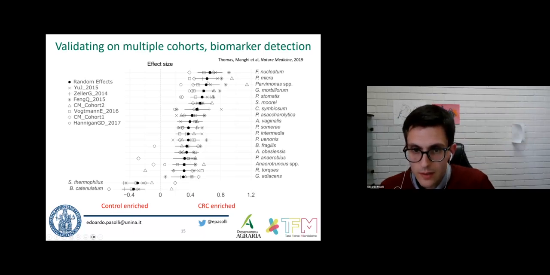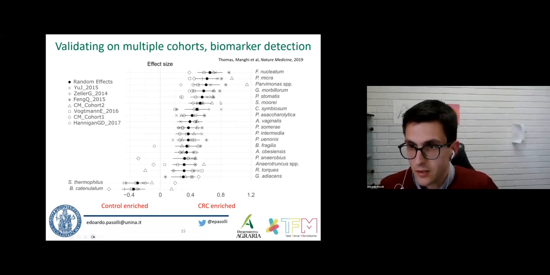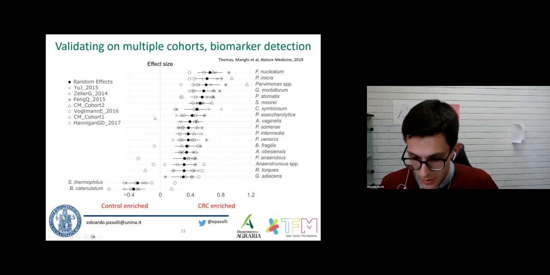And we also have the meta-analysis results here. So we can see, for example, Fusobacterium nucleatum, which is known to be enriched in CRC, but also a list of other species that are consistently enriched in CRC in multiple populations, in multiple independent studies.